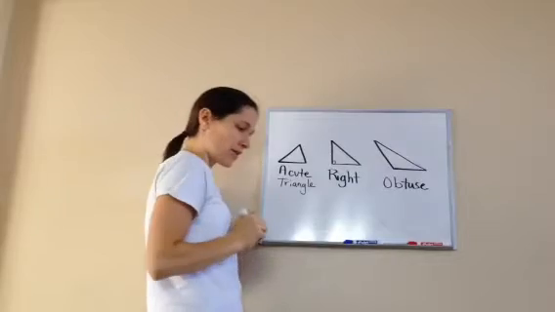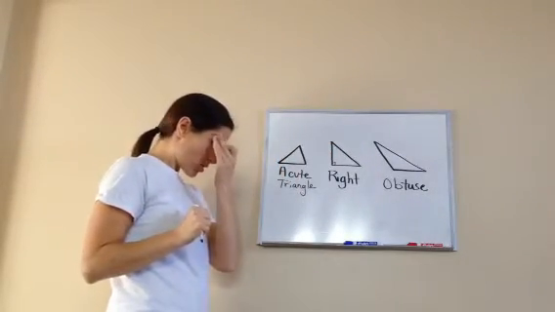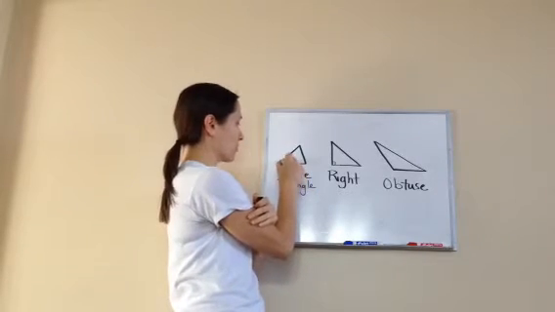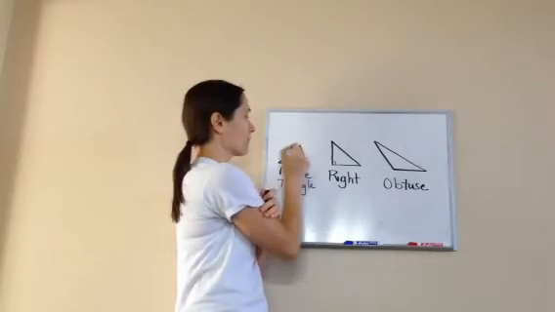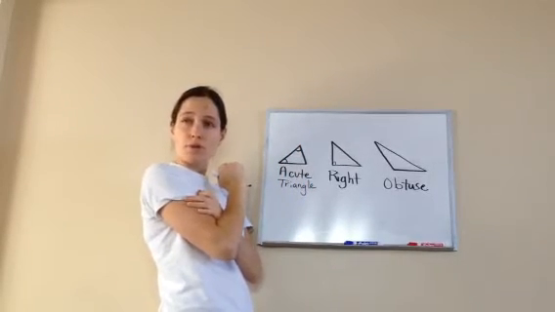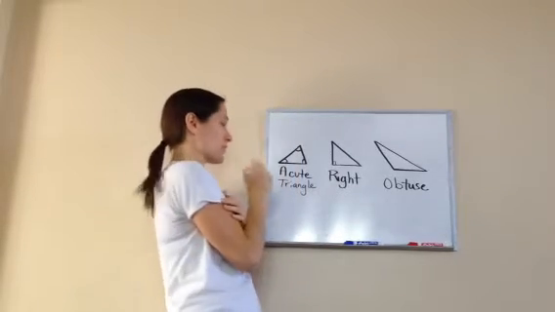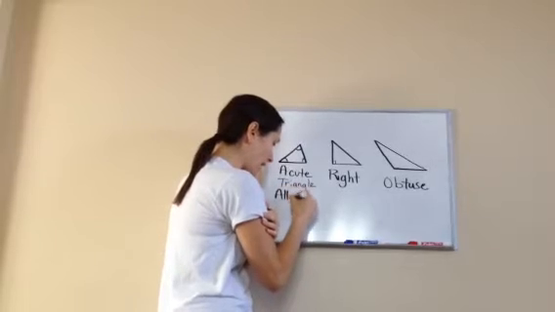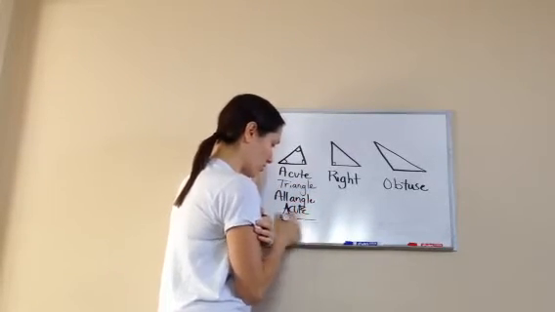And there are a few things that I want you to know about an acute triangle. What do you notice about this angle? Is it acute? What about this angle? Is it acute? What about this angle? Is it acute? So guess what? An acute triangle has all angles that are acute.